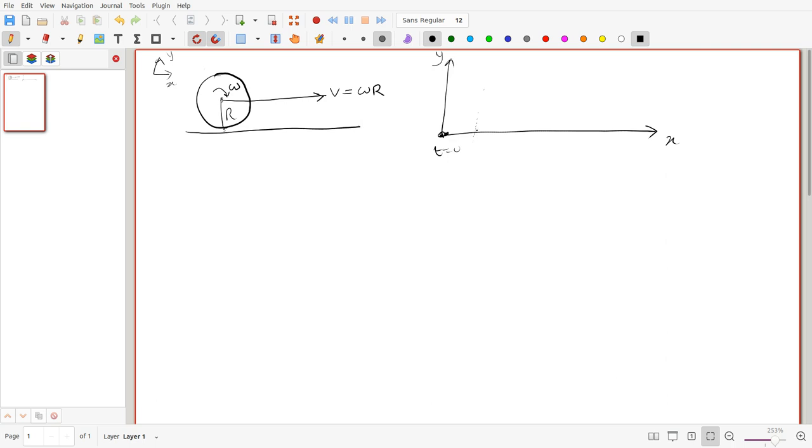But because of the rotation about the center of mass, it might have rotated and maybe come here. Same thing again at some time instant t1 more than 0. And again after some time t2 more than t1, the same thing happens. This point again moves towards the right and rotates, maybe comes here.